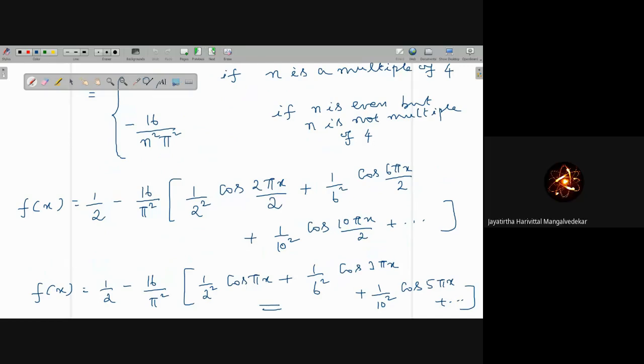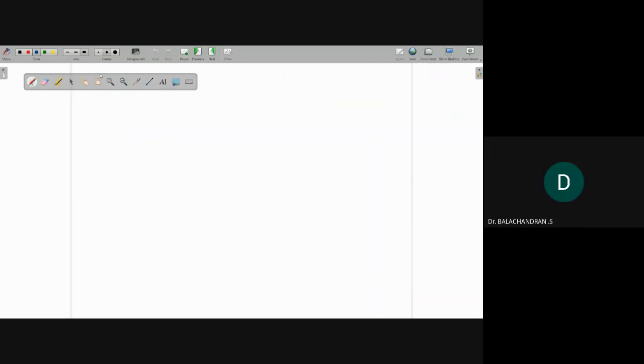Sir, we can write this also in terms of summation sign. How do you want to write it in terms of summation? How are you going to extend 2, 4, 10? Yes, sir, 4n minus 2.